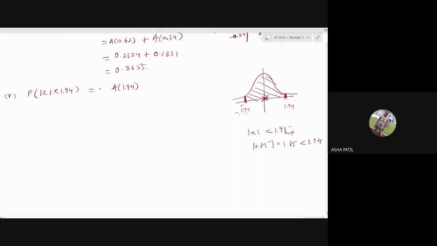So we can write it as 2 times the area between 0 to 1.94, that is A of 1.94. Or else if you want to go into detail, write 2 times probability that 0 less than z less than 1.94. Then you can write 2 times A of 1.94, whatever answer you get.